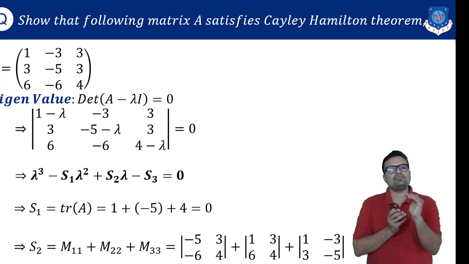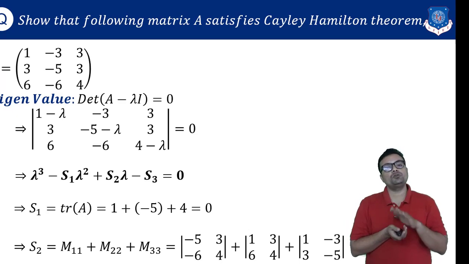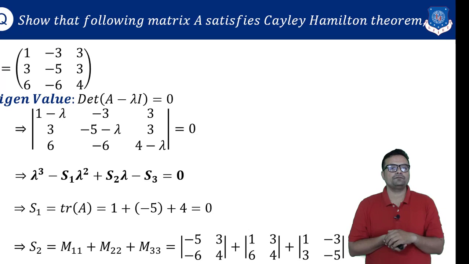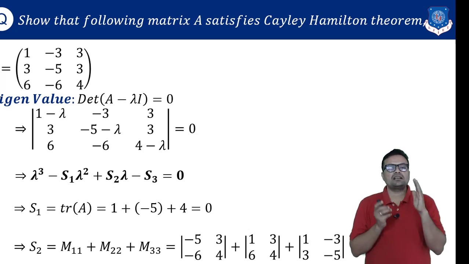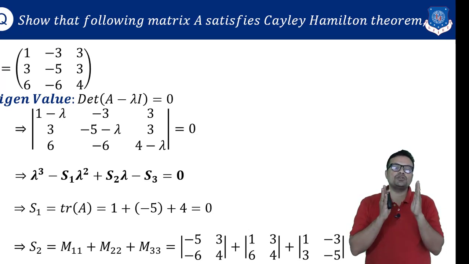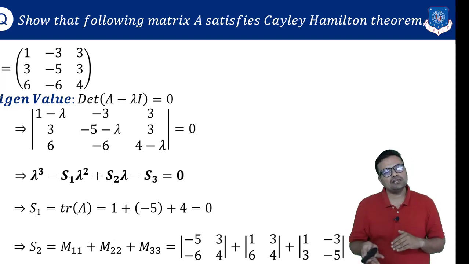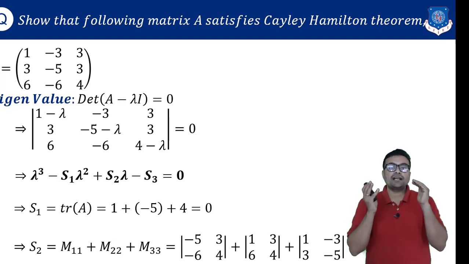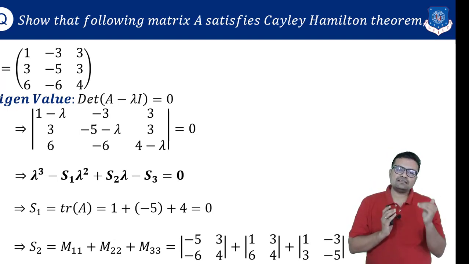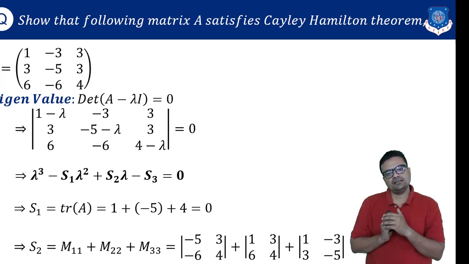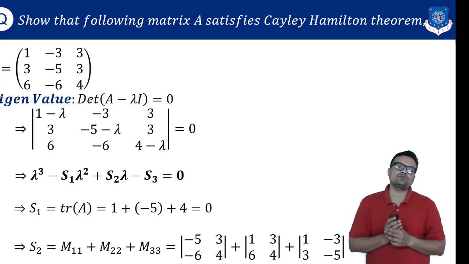The characteristic equation is nothing but the calculation of eigenvalues up to an intermediate step, which is finding that equation but not factorizing it. So my first step is to write down determinant of A minus lambda I equal to 0. Convert it into a polynomial with S1, S2, S3, and then find the values of S1, S2 and S3.